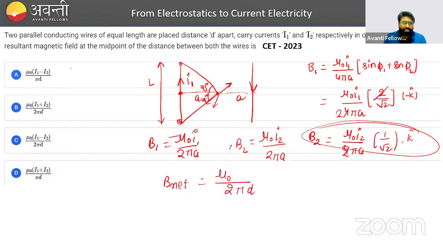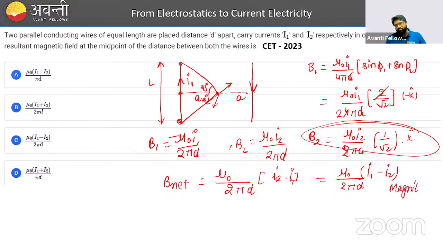Sorry, D is given as the distance, so we mention it as D, into I2 minus I1. If you consider I1 in the downward direction, then I1 minus I2 will be there. Magnitude wise, it is mu naught upon 2 pi D into I1 minus I2, downward.